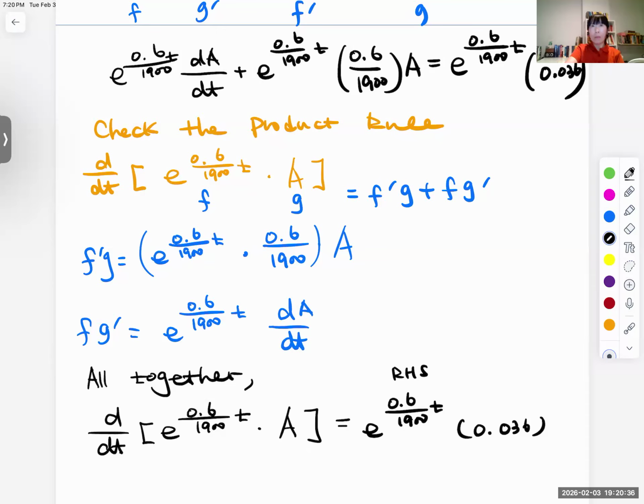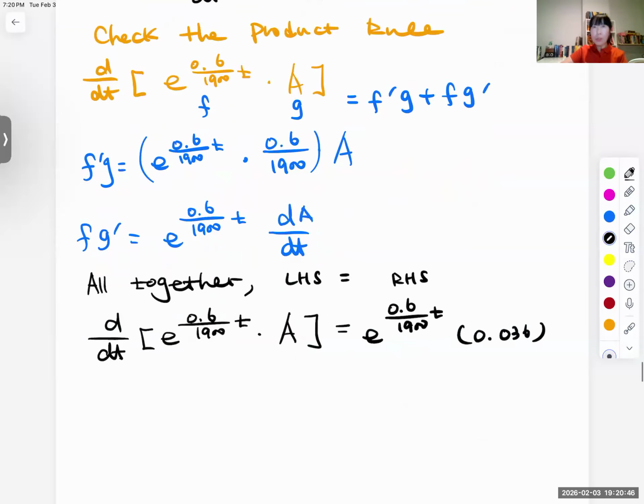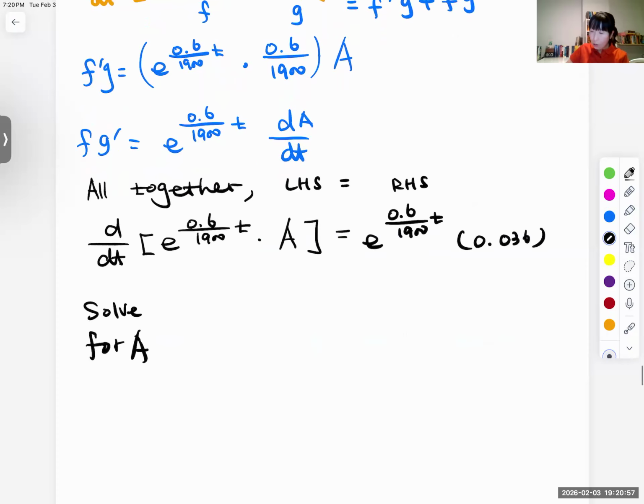Yeah. Okay. There is a left hand side, right hand side. Okay. All right. Now we want to solve for, sorry, not x. Solve for A. Now we're gonna take the integral of both sides, right? To get A.